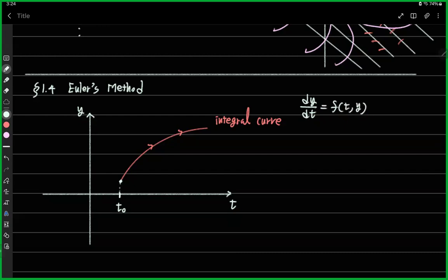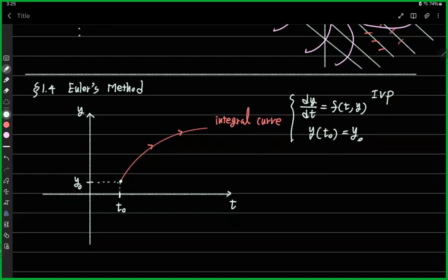Right here, this is the initial condition y0, y naught. So the initial condition is given right here, and this is a particular solution. y of t0 is equal to y0. So this is an initial value problem, IVP.